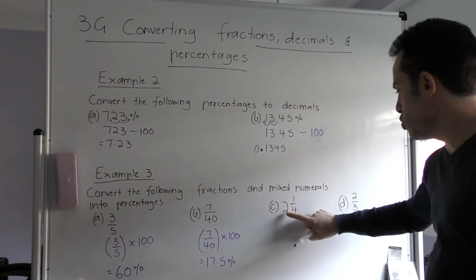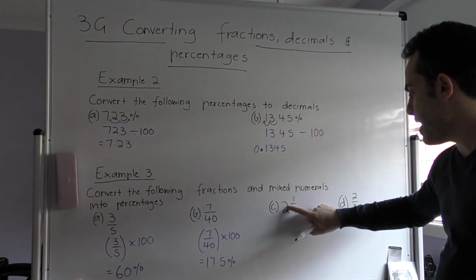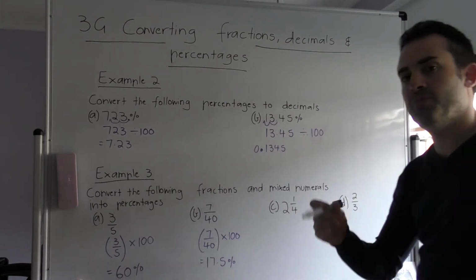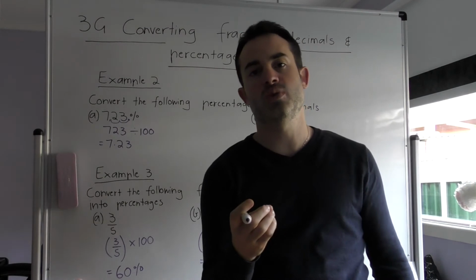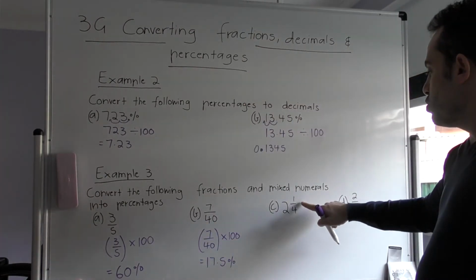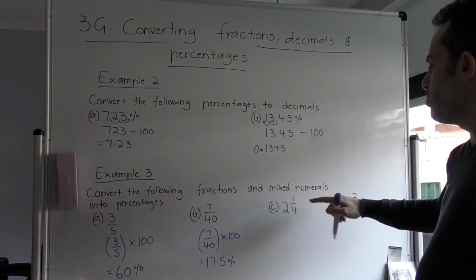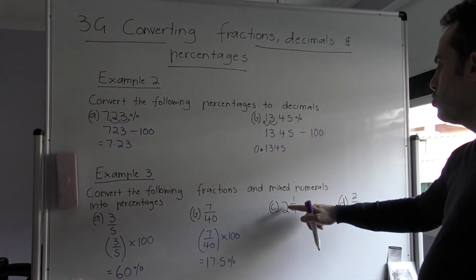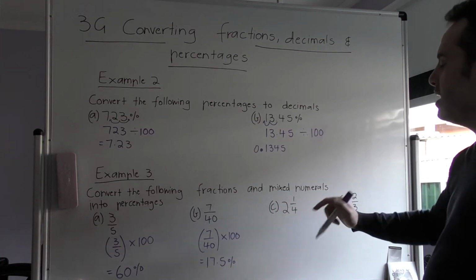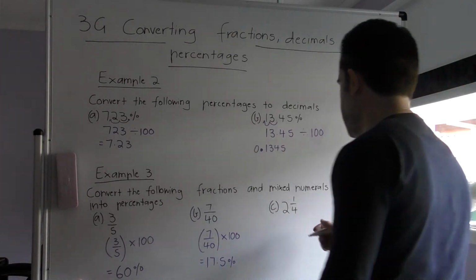So we've got 200% plus the 25%, which is a quarter. So 200% plus 25% is 225%. Okay, now, again, if you just wanted to times that by 100, that would work as well. Okay, so you're going to go 2 plus 1/4 times 100, and you should get 225%.